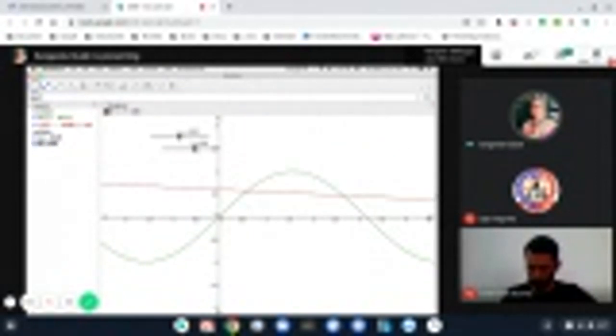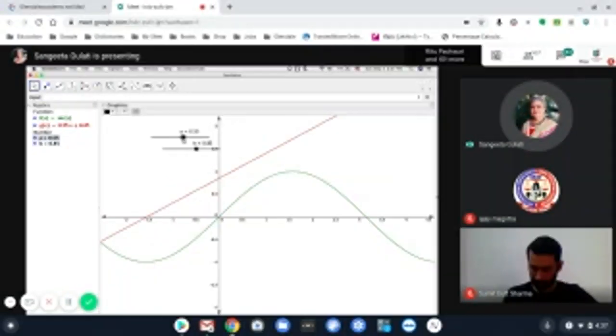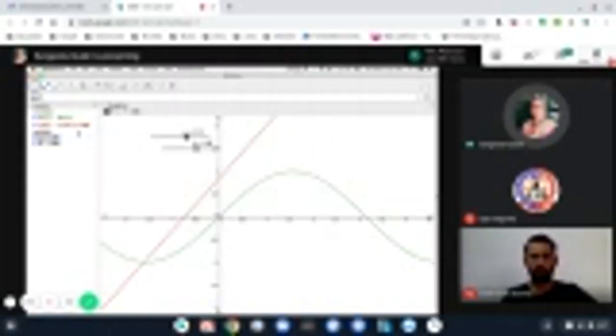You can see that the sliders play a very big role in graphing. So you can change these parameters a and b, and as a changes, you can again talk to the students in the language of maths as well. What's happening to the graph?